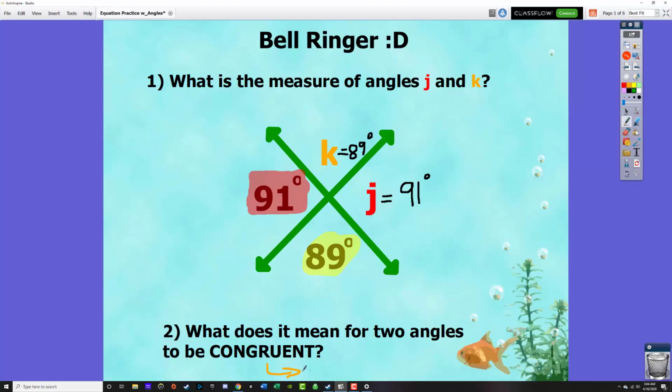equal, or the same. So if two angles, side lengths, areas, perimeters, values, whatever it is, are congruent, that means they are the same or they are equal.